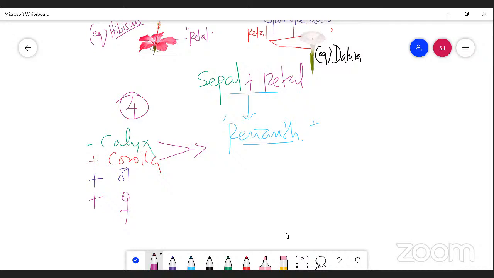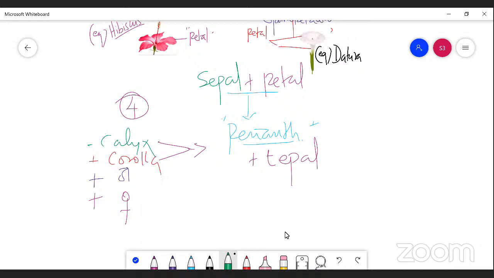So in that type of flower, you can say there are only three parts. The outermost layer is a perianth. That is, a perianth consists of a group of tepals, the outermost whorl of a flower. So this is a tepal, which shows no differentiation between sepal and petal.